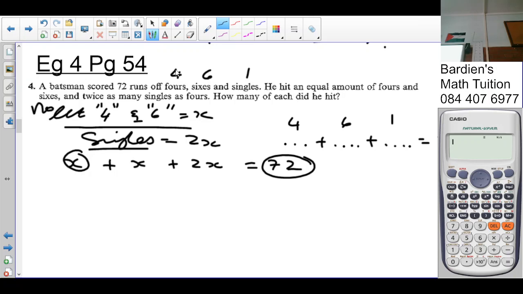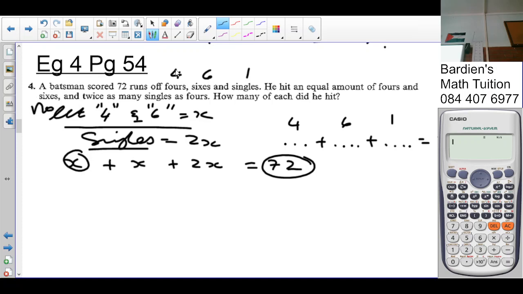So if you want to translate that to runs, say you hit 2 sixes. How many runs would that have been? 12. How do you get 12? 2 times 6. If we hit 5 sixes, how many runs would that be? 30. 6 times 5.